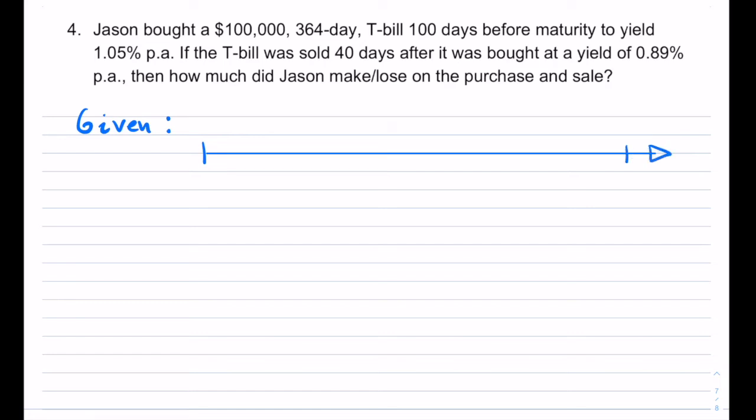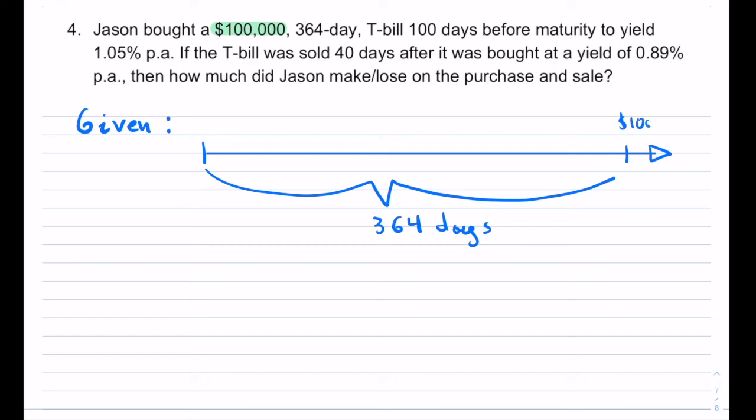You can imagine that somebody purchased this T-bill originally, 364 days, right? That's the T-bill, and it's a 100,000 T-bill. And again, remember that this 100,000 is always the future value, because you buy T-bills at yields. So what this is saying is that we have this 100K sitting there at the end that we would get back.